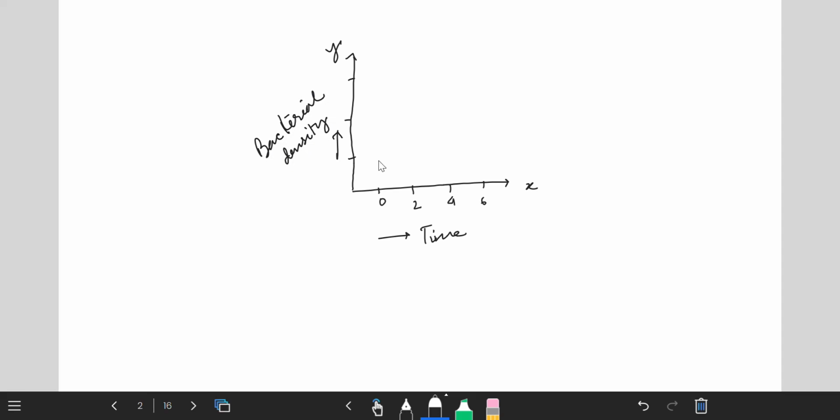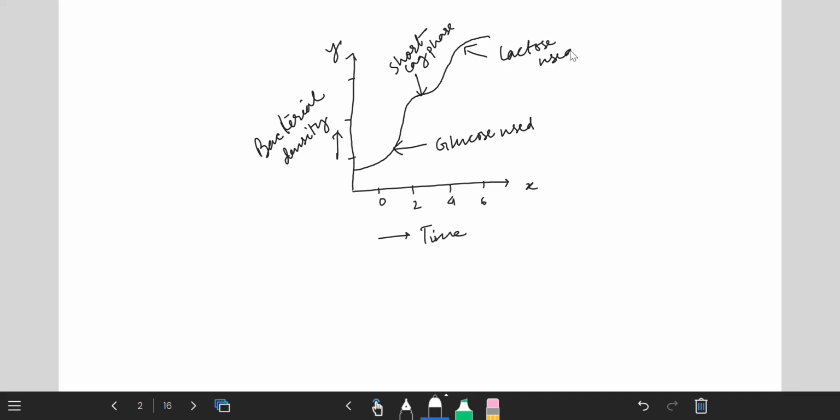So, after drawing, we can see this curve represents glucose use. This is the short lag phase. Okay, and this curve represents lactose use.